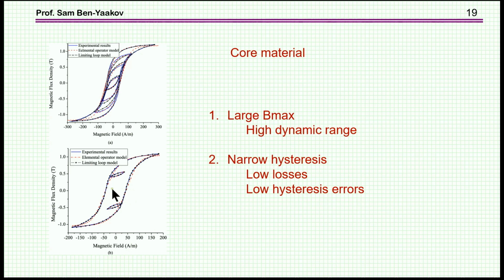We like it to be as narrow as possible. Well, for Bmax as high as we can, this is for dynamic range, and the width of the hysteresis has 2 aspects to it. Number one is that it is related to losses. The circulation of the hysteresis loop is the energy lost in a cycle, and of course, times frequency will be the power loss in the core itself.